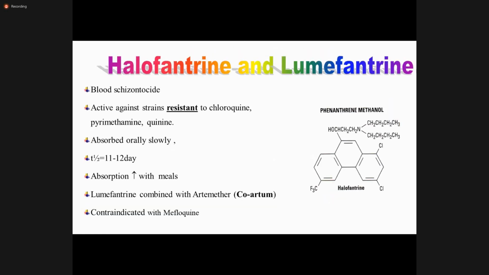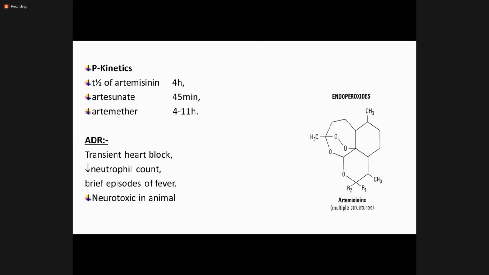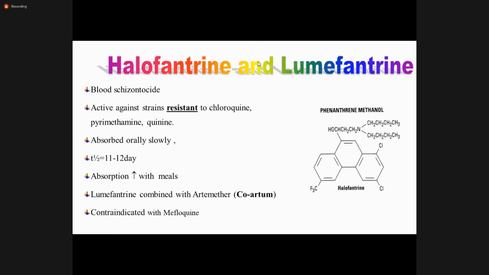Nowadays, the combination that we are using is the artemisinin group and another group known as halofantrine or lumefantrine. So this is a very well-known combination nowadays. What is halofantrine? First we discuss it, and then we will discuss the combination. Halofantrine or lumefantrine are drugs that are also blood schizonticides.